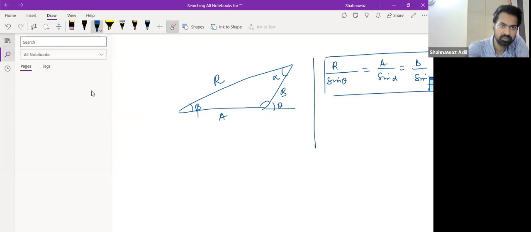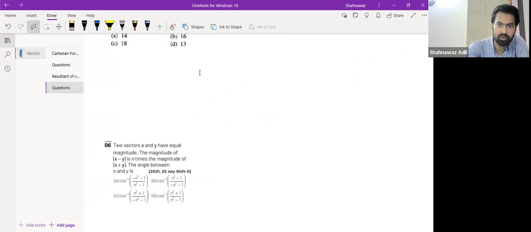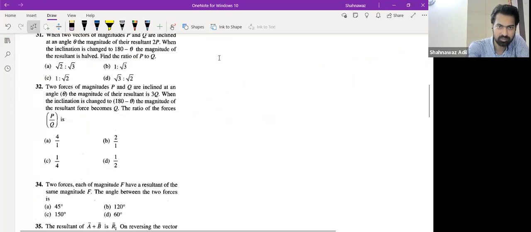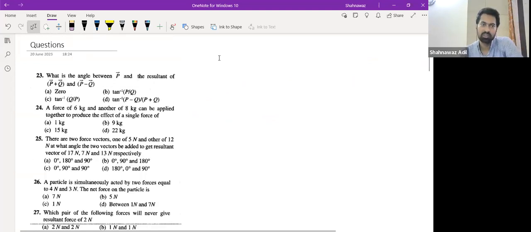And in the next class, Yasir would be doing resolution and dot product. Then I will start dot product in the next Saturday class. Okay, so this question, did I do this problem in this class?